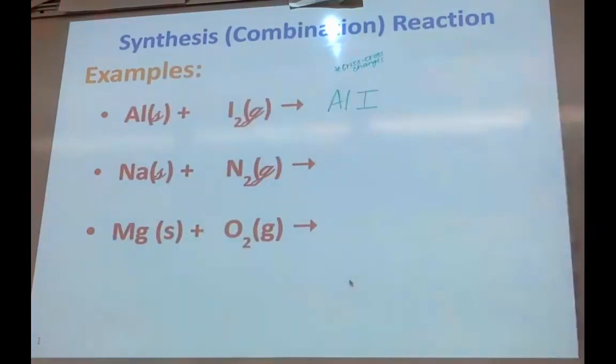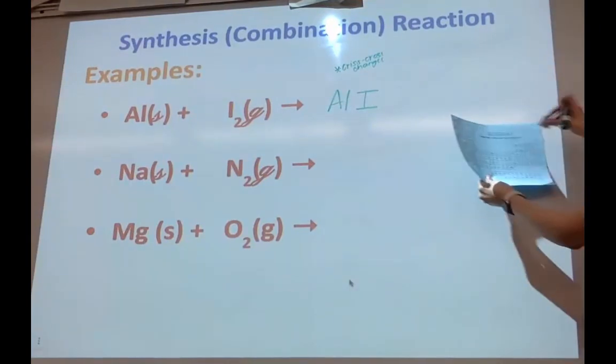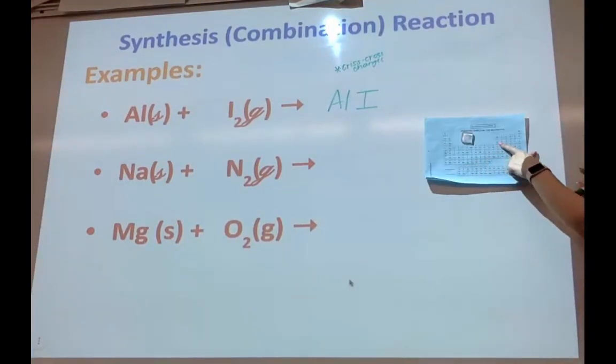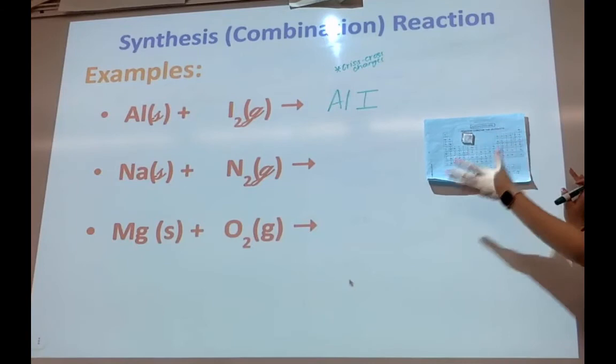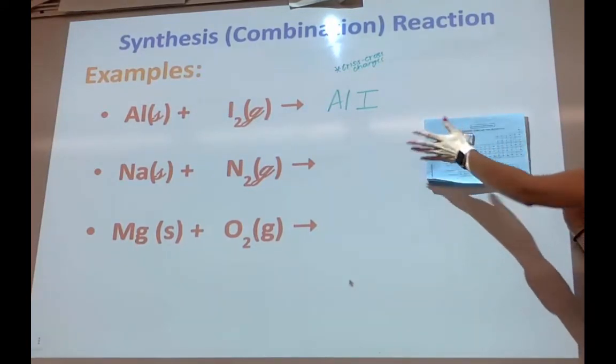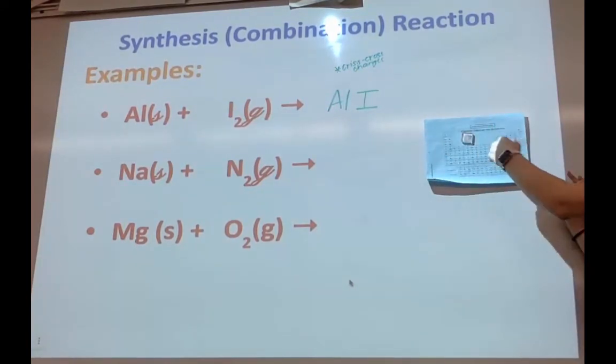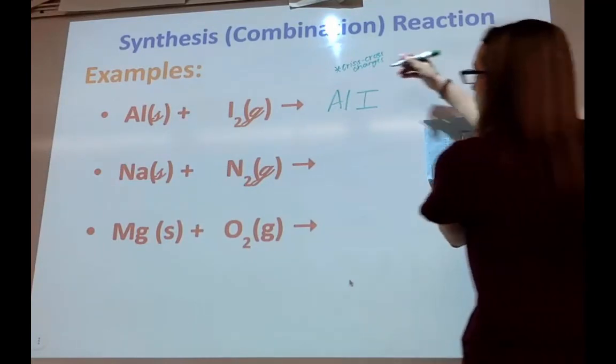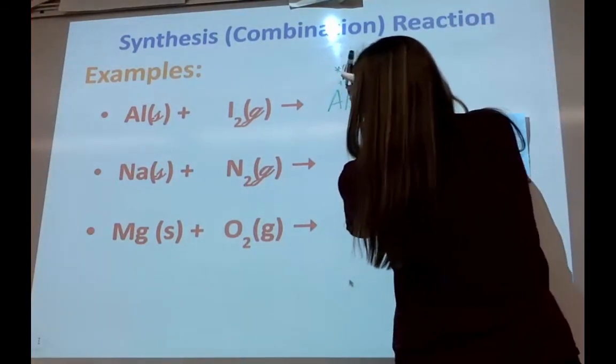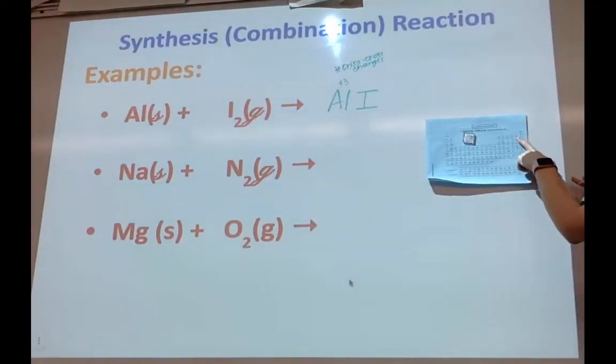So, you're looking at your periodic table. Aluminum is here. Again, this is the AP periodic table. You have the green periodic table where we've labeled everything. Aluminum is +3. I'm going to put a +3 above aluminum. Iodine is a halogen, right? Next to the noble gases.